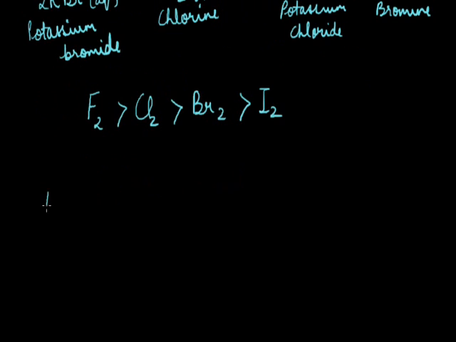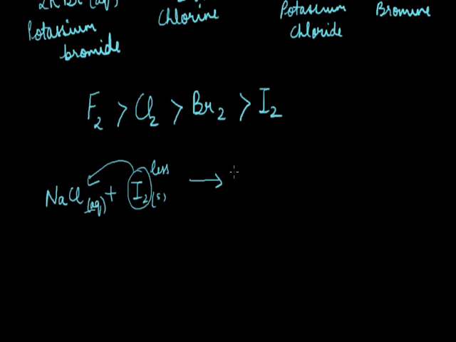Another example we can take is reaction of NaCl with iodine. Will the reaction proceed? Here, as iodine is less reactive, it will not displace chlorine, and so this reaction will not proceed.